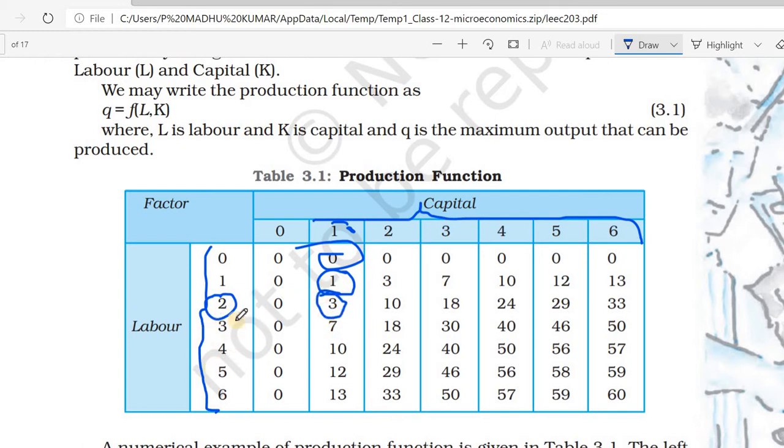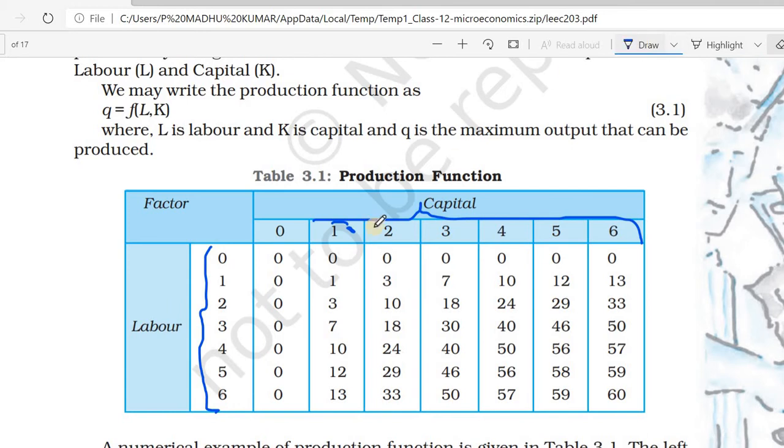Now he increases to 3, 4, 5, 6 like that. When it is 6, production becomes 13. When the number of laborers increases, production also increases.